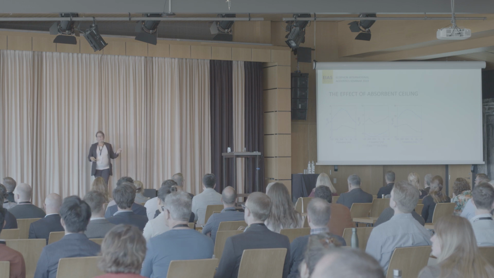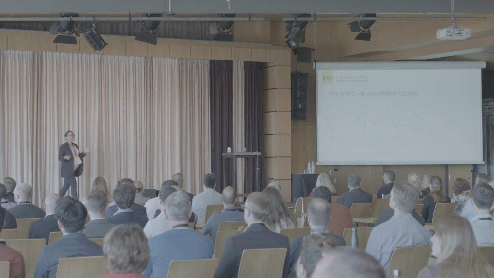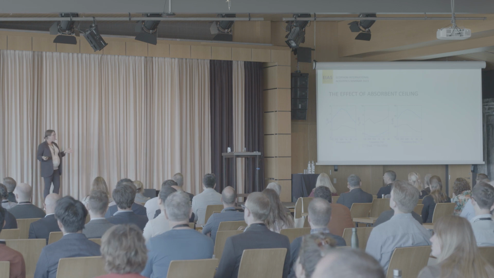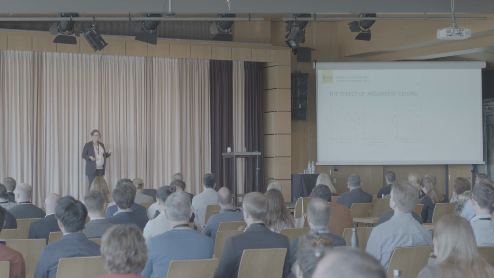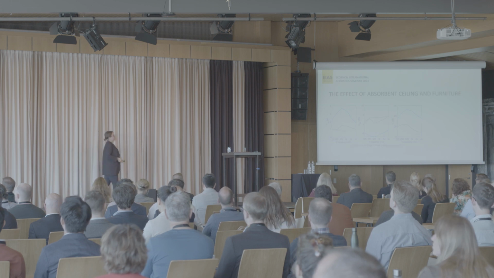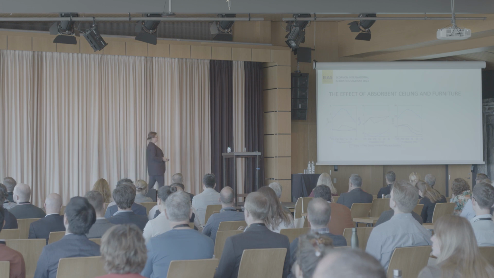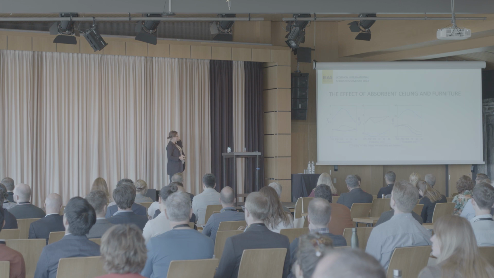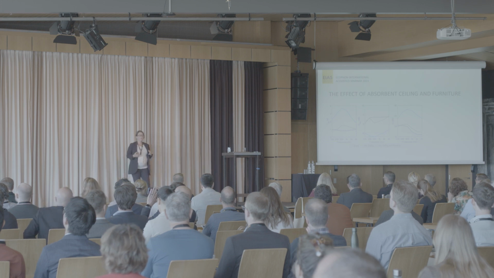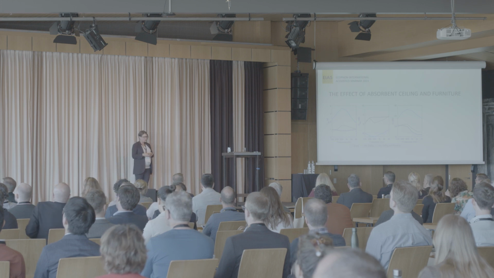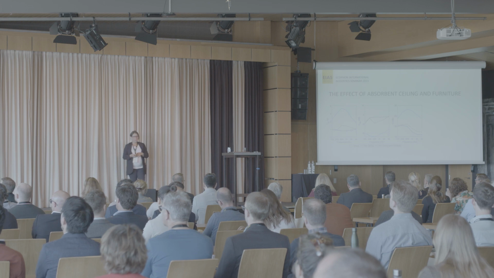To this, we added furniture, since we often have furniture in these rooms, or in all rooms, but in this case, we furnished it as a typical classroom. Then we got these results, so what you can see with the black curve. If we look on reverberation time and speech clarity, we can see that we get a large effect, especially in the mid-frequencies, which was mainly due to the scattering.